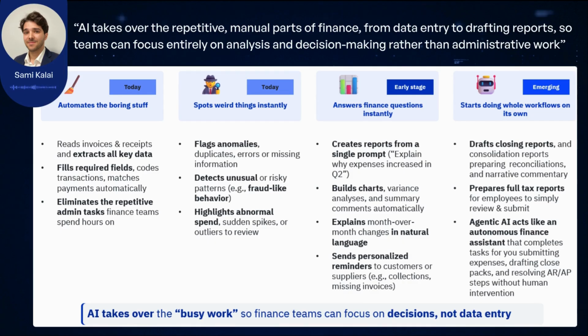So it can create reports from a single prompt. It checks all the accounting data at the general ledger, and you can ask it to explain why the expenses increased in Q2, and the Gen AI will analyze that and explain why it comes maybe from an increase of salaries, promotions, or anything.